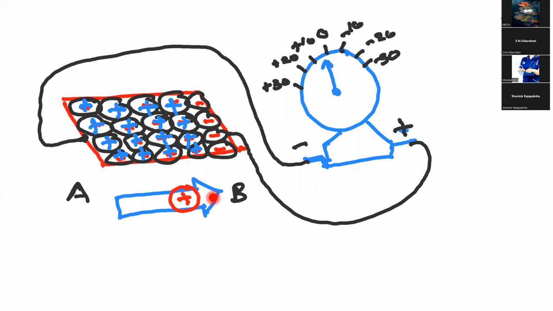If there is a positive magnet force coming towards the positive electrode, is the galvanometer reading negative or positive? What do you think? Is it negative or positive?